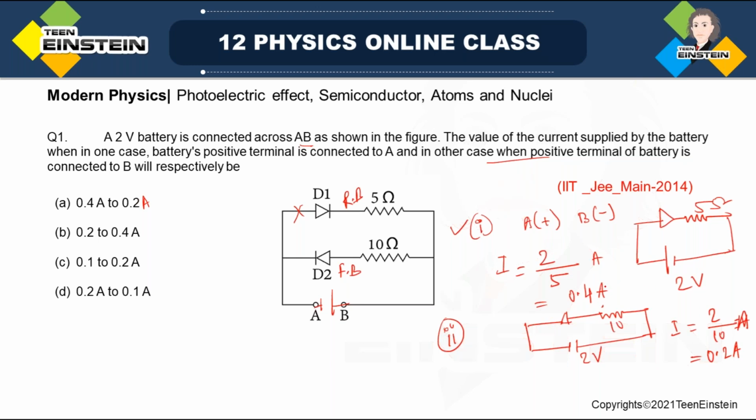So the first option itself is correct. Okay, so this is how you have to solve the problems if you have more than one diode in any case.